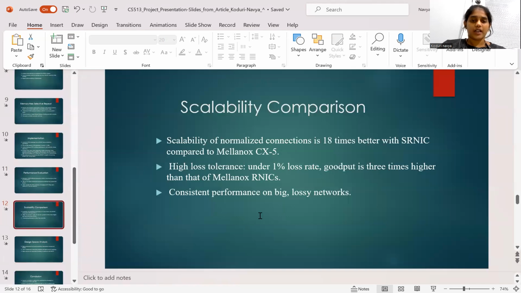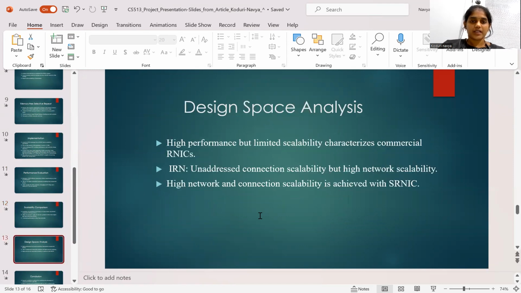And let us analyze the design space. It says that commercial RNICs have high performance but limited scalability. IRN did not address connection scalability, but provides high network scalability.